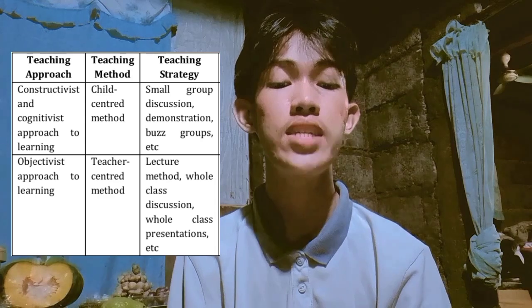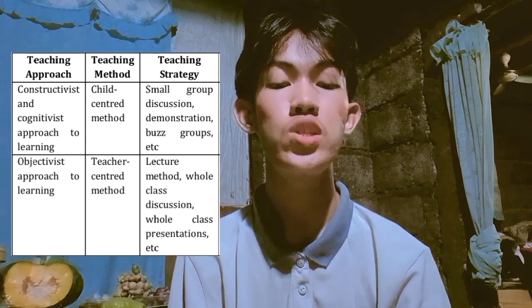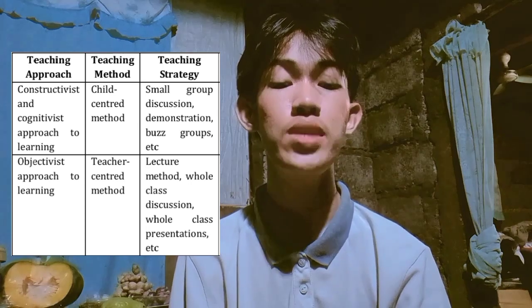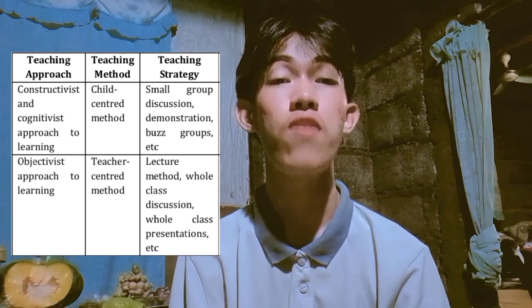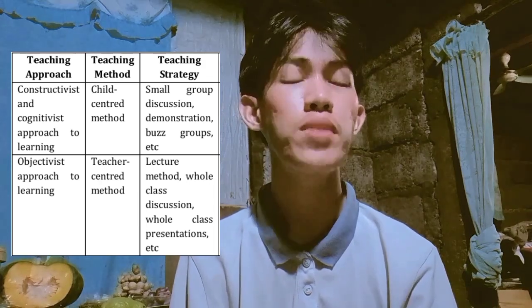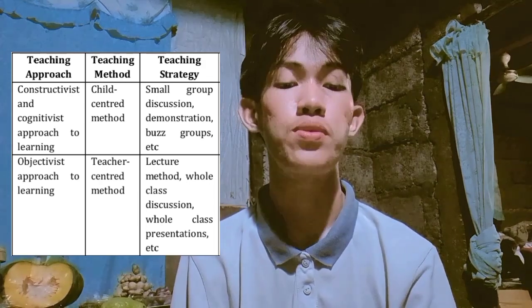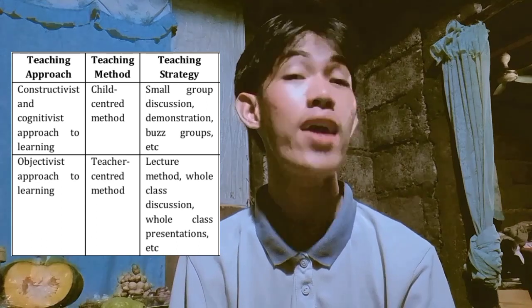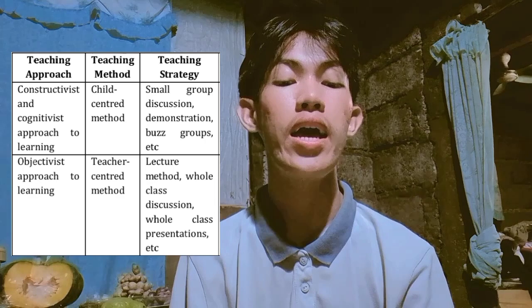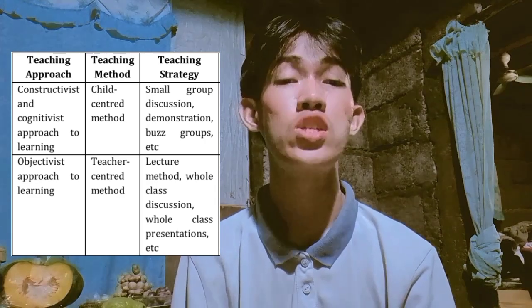Above is a table giving examples which clearly depicts the differences as well as the similarity in the use of the various terms. On the first column are some examples of teaching approach, like constructivist and cognitivist approach to learning, and objectivist approach to learning.